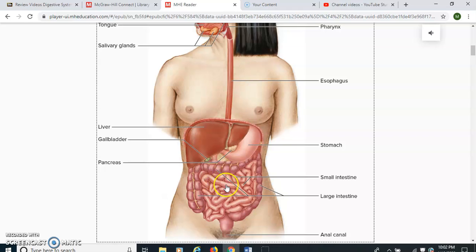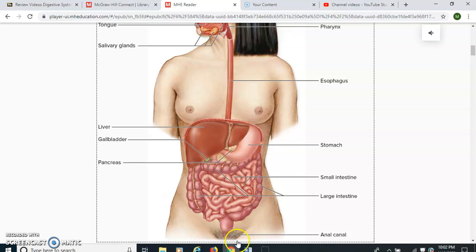And then the epithelial cells that line the small intestines also will produce other enzymes like lactase and sucrase that'll break down other carbohydrates. So we got a lot of chemical digestion going on in the small intestines and a little bit in the oral cavity and nothing in the stomach.